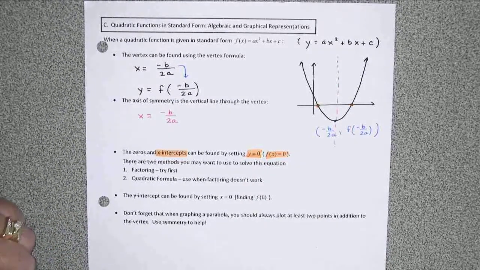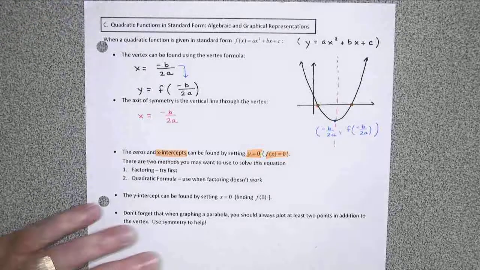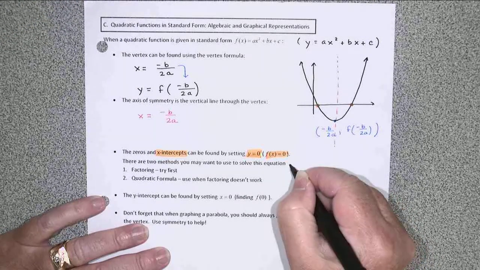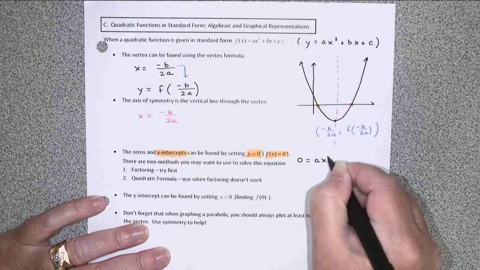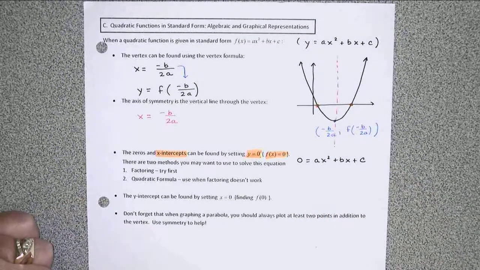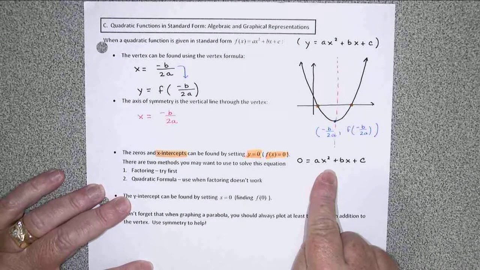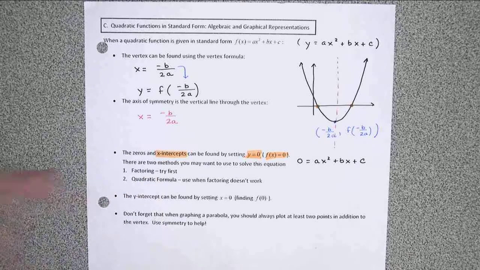So when I set my original equation, y or f of x, equal to 0, it's going to look like this: 0 equals ax squared plus bx plus c. To solve that equation, I'll usually try factoring first, and if it doesn't factor, I'll use the quadratic formula.